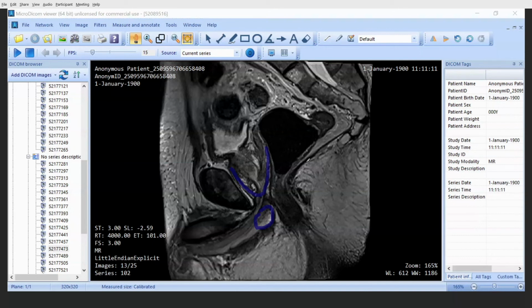Now, you see, it depends on how you look at CTVs and PTVs. Okay, now to me, a CTV has nothing to do with mobility. A CTV is a concept which is anatomical.